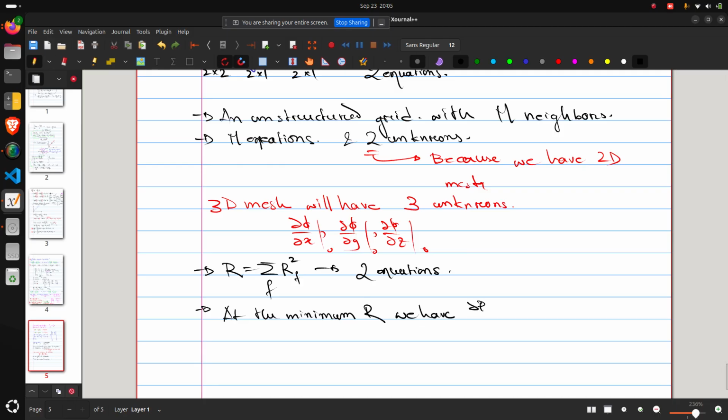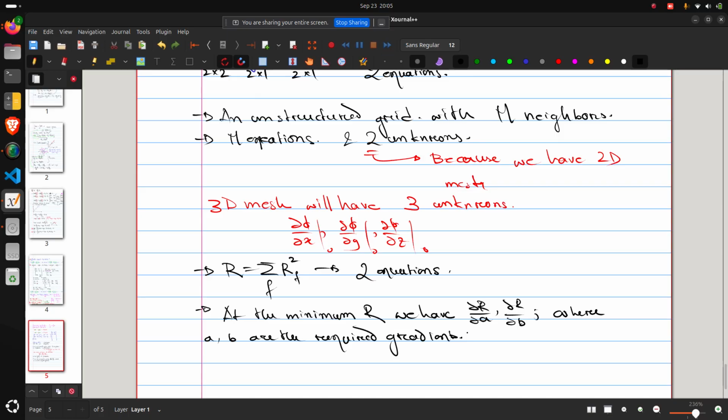the dou r by dou a and dou r by dou b, where a and b are the required gradients, right?